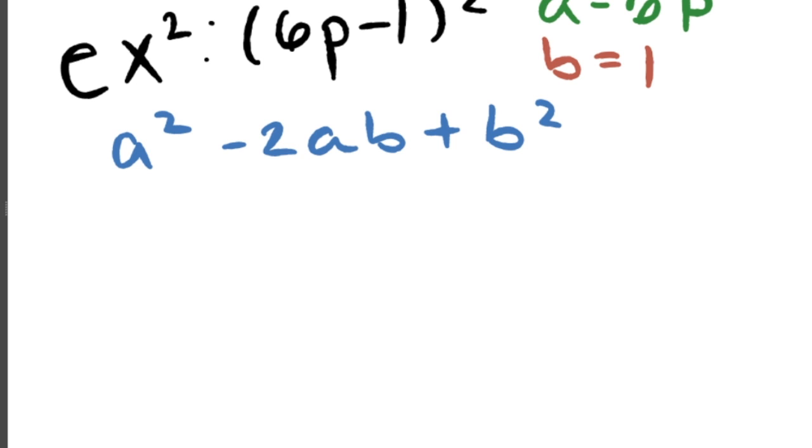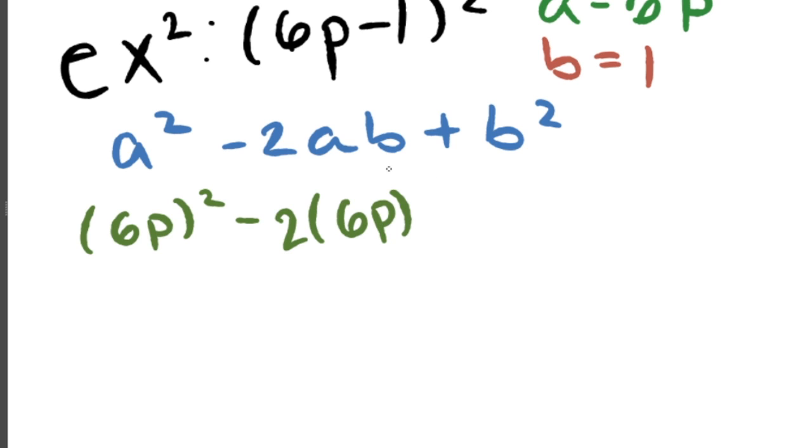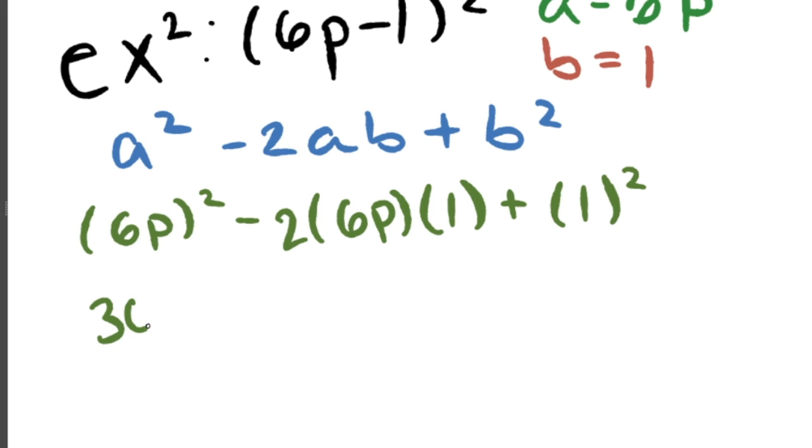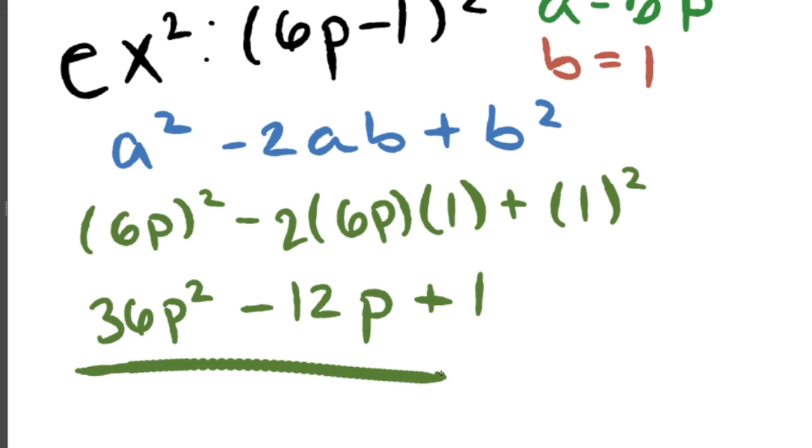So again, we're going to plug it into this formula: 6p squared minus 2 times a, which is 6p, times b, which is 1, plus b squared, giving us 1 squared. Then we'll square 6p, which is 36p squared. 2 times 6 is 12p. Multiply that by 1, it stays the same, plus 1 squared, which is 1, and that's our answer.